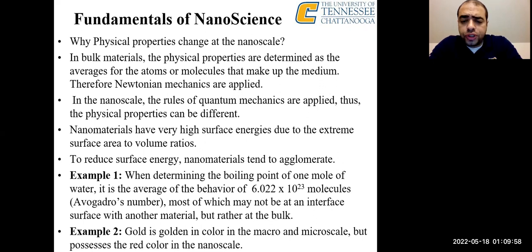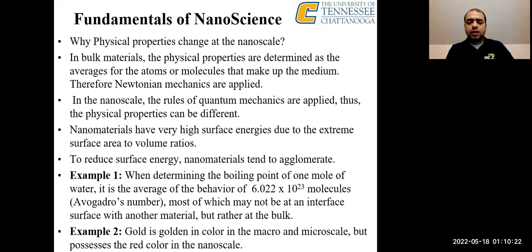To reduce surface energy, nanomaterials tend to agglomerate. Self-assembly of nanomaterials is typically spontaneous because they tend to reduce the surface energy as much as possible. There's a lot of exposure to the outside environment, so they tend to reduce that by aggregating.